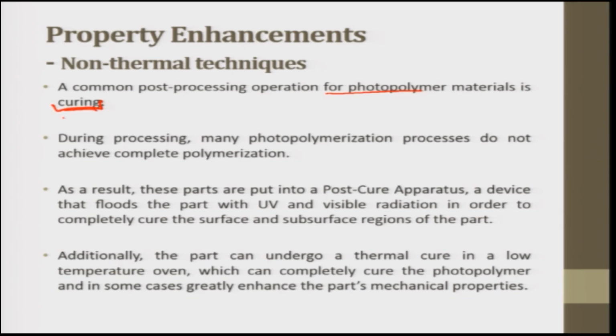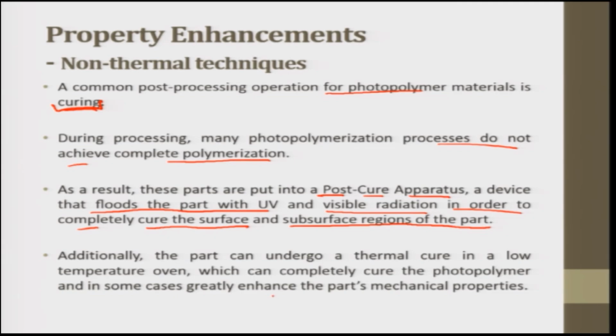Now the common post-processing operation for the photopolymer materials is curing. Okay, after tempering we have curing here. During processing, many photopolymerization processes do not achieve complete polymerization. As a result, these parts are put into a post-cure apparatus. That is a device that floods the part with ultraviolet and visible radiation in order to completely cure the surface and subsurface regions of the part.